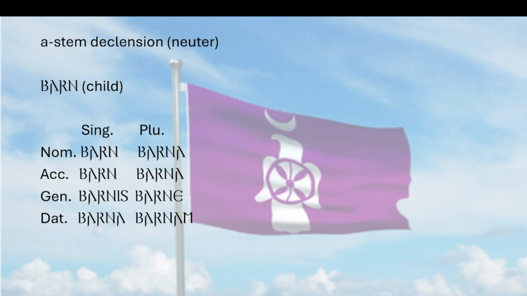The nominative singular barn, nominative plural barna, accusative singular barn, accusative plural barna, genitive singular barnis, genitive plural barne, dative singular barna, dative plural barnam. So for the a-stem declension of neuter nouns, the nominative and the accusative are the same.